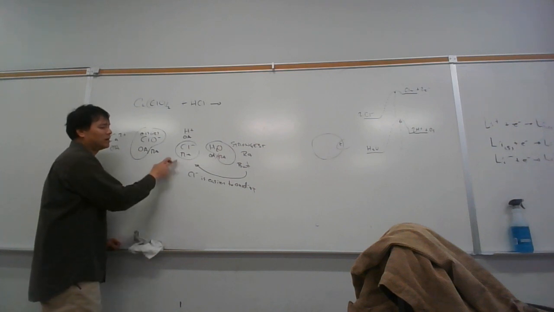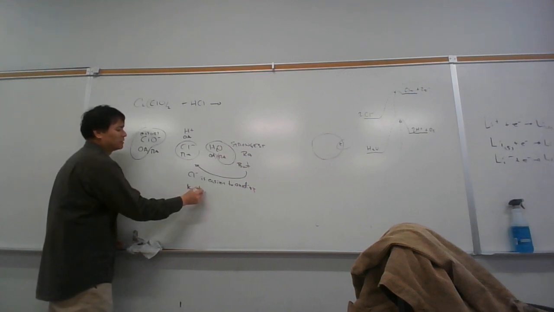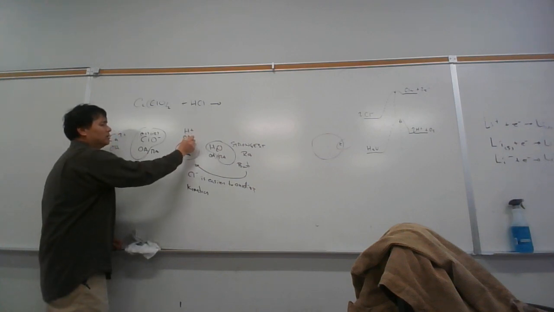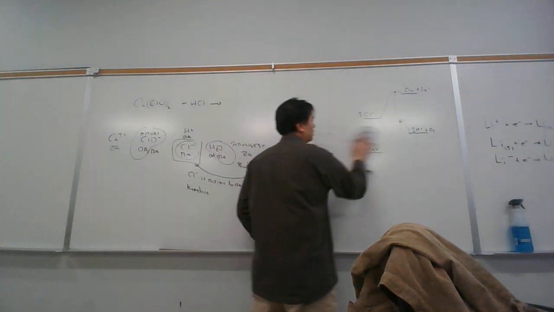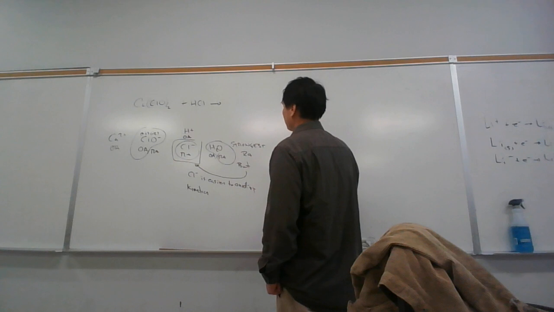And so this is easier to oxidize, this is what's going to happen first. And so this is kinetics here. It's faster to oxidize chloride than water. And so this is the only exception to the chart that people should know. Otherwise we just use the chart as is.